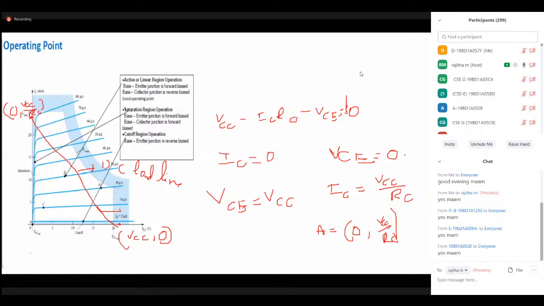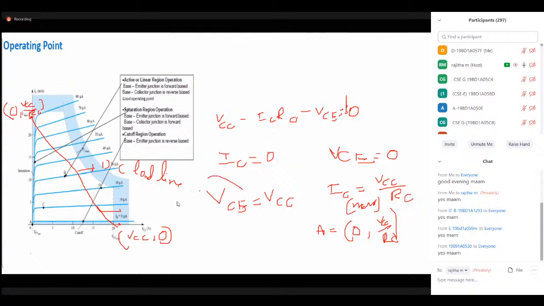So the total voltage applied, which is VCC, will drop across the collector resistor RC. The maximum collector current is the ratio VCC divided by RC. This is the maximum allowed collector current due to the biasing.